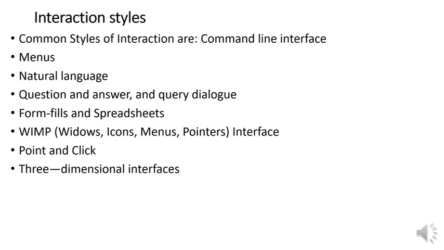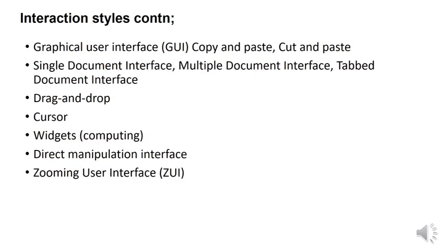WIMP, which is window, icon, menu, pointer interface, point and click, then three-dimensional interface. Graphical user interface: copy and paste, cut and paste, single document interface, multiple document interface, tabbed document interface, drag and drop, console, widgets, direct manipulation interface, and zoom user interface.